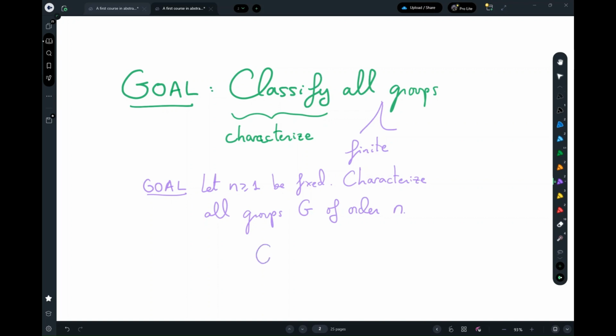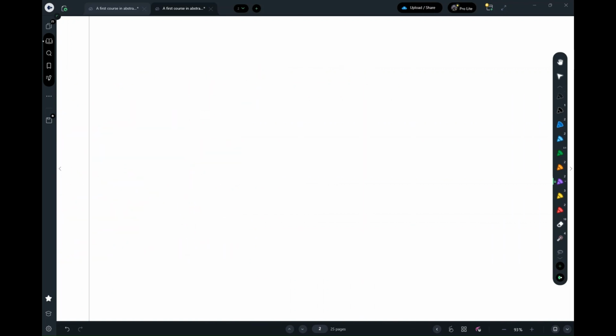So we would like to know what are the possibilities for groups such that their order is n. And now we are really not equipped to do this because we don't know how to compare groups. But let me give you one early example of a comparison of two groups.